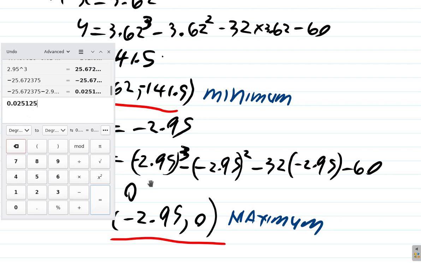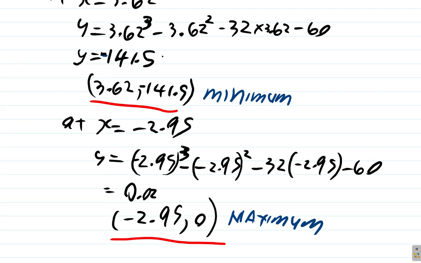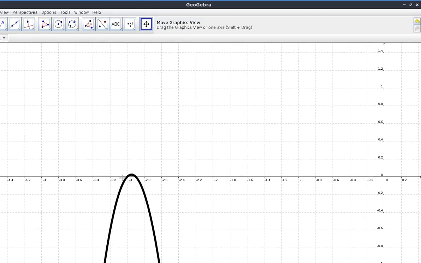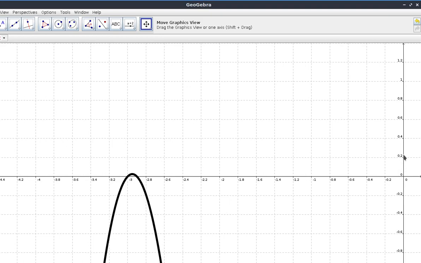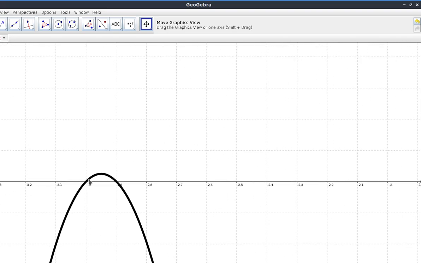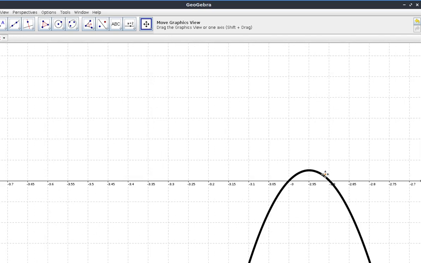Alright, let's put it at 0.025. So you can see on the graph it climbs a little bit above that.